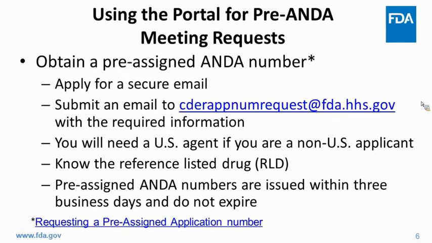You will need a U.S. agent if you're a non-U.S. applicant, and you're going to need to know your reference listed drug. Take note: I know there's some misleading information out there, but pre-assigned ANDA numbers are issued within 3 days, and they do not expire.